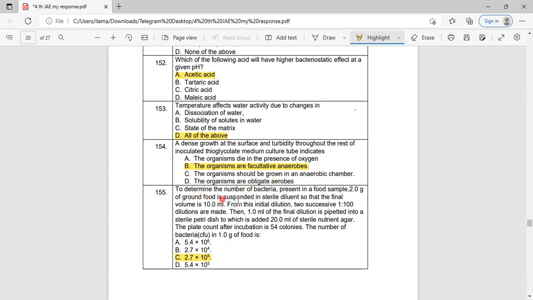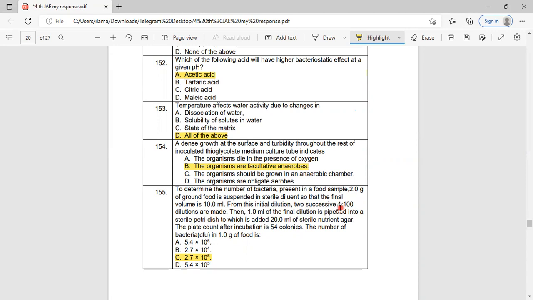To determine the number of microorganisms present in a food sample, 2 grams of the ground food is suspended in a sterile diluent so that the final volume is 10 ml. From this dilution, two successive 1:100 dilutions are made. Then 1 ml of the final dilution is pipetted into a sterile petri dish, to which 20 ml of sterile nutrient agar is added.